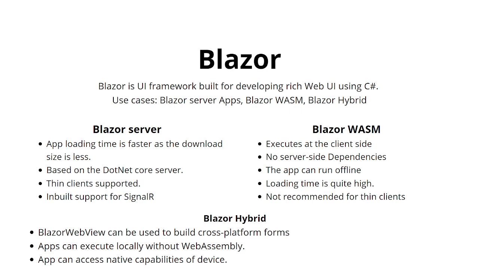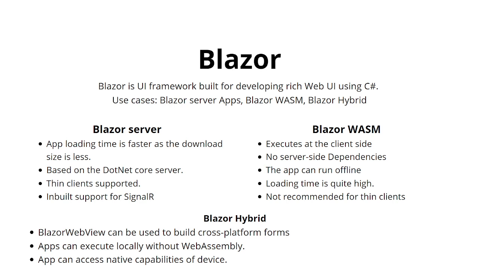Okay. Then we'll move ahead with Blazor Hybrid. Blazor Hybrid, you can compare with the Ionic framework. Using Blazor Hybrid, you can build cross-platform apps which can work on Mac, iOS, Android, and of course on Windows.